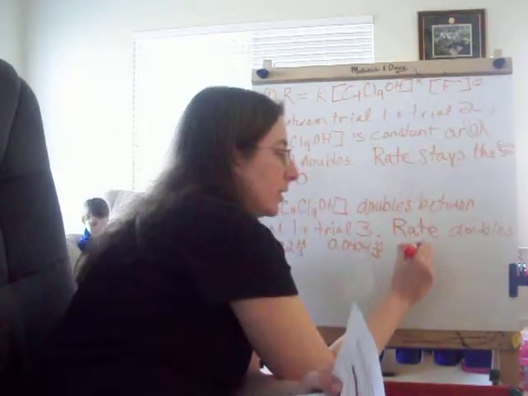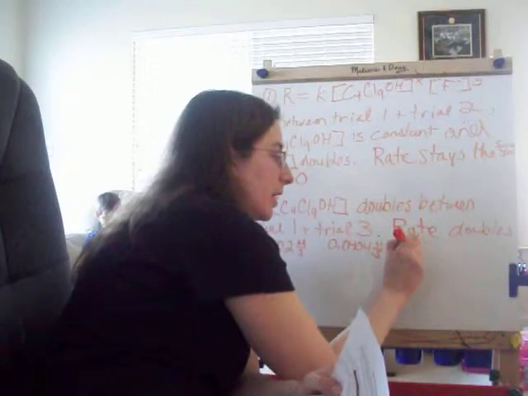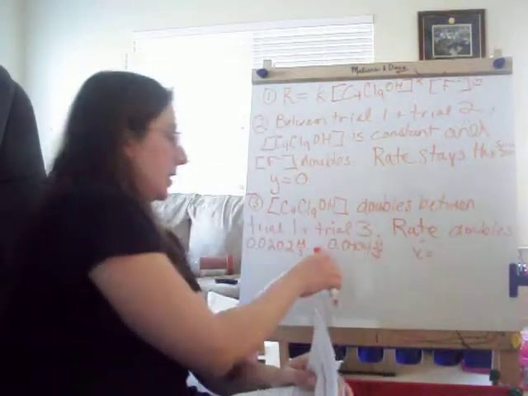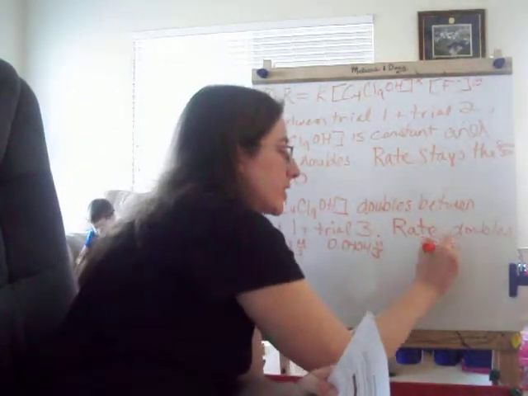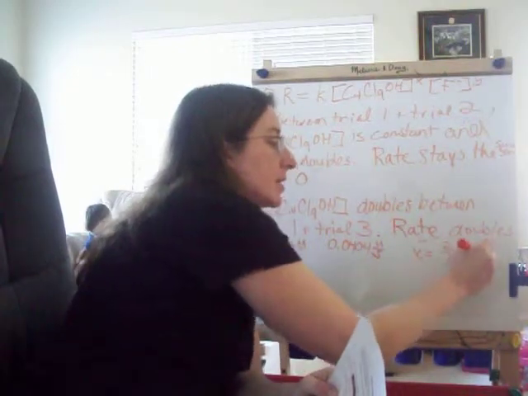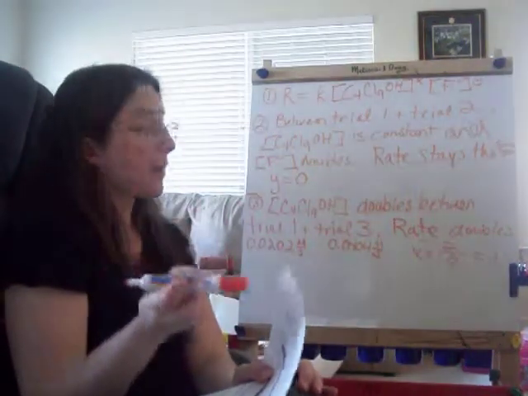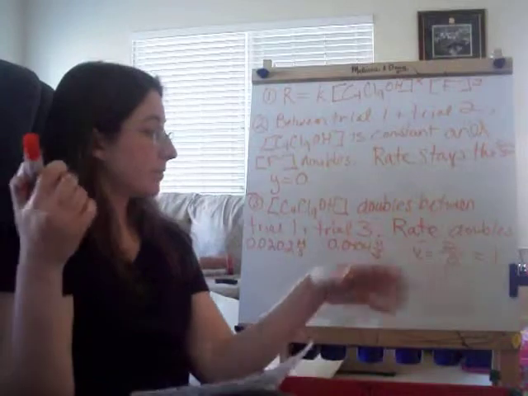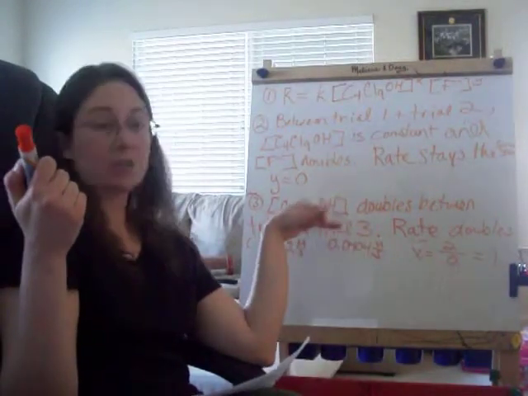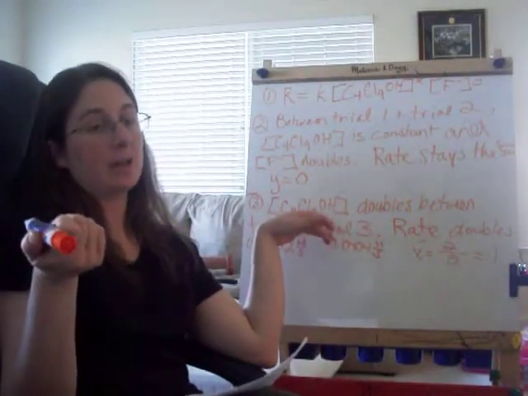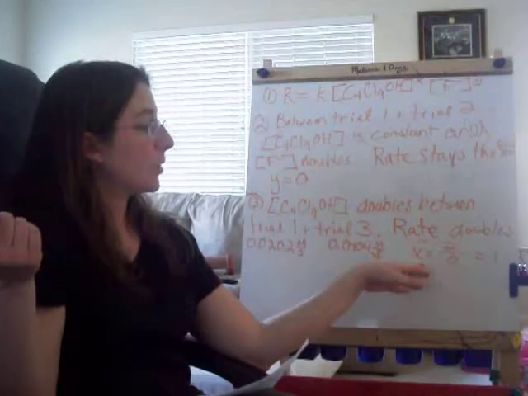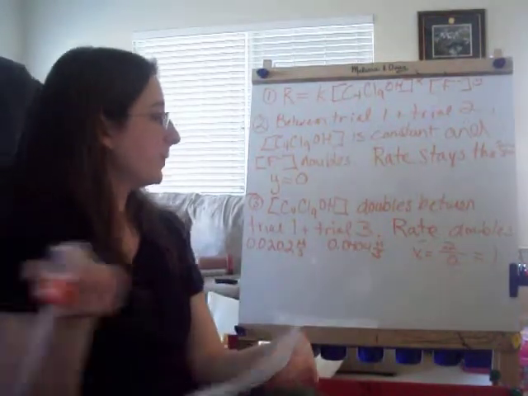Okay, so we just say, well, in that case, X is going to be what happened to the rate divided by what happened to the concentration. So that's going to be first order with respect to this reactant, the C4Cl9OH. A first order, that means X equals 1.